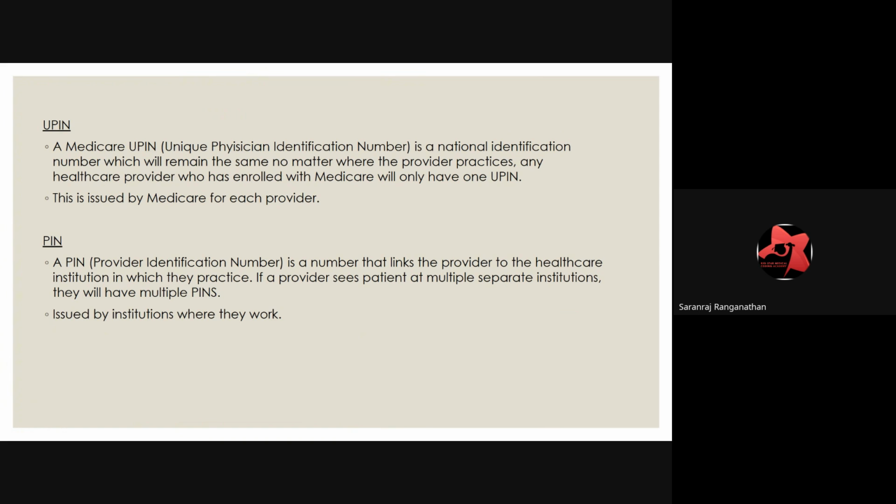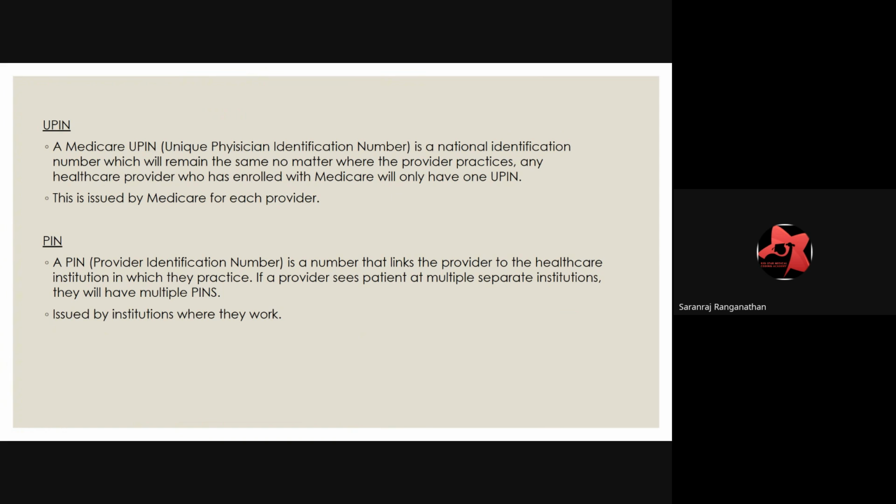Then UPIN, which means Unique Physician Identification Number. So for every physician, that number will be there. Medicare UPIN is a national identification number which will remain the same no matter where the provider practices. Any healthcare provider enrolled with Medicare will have only one UPIN.